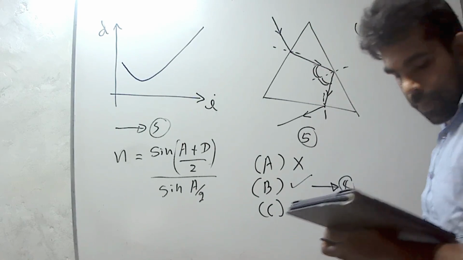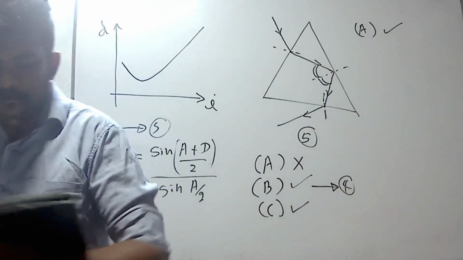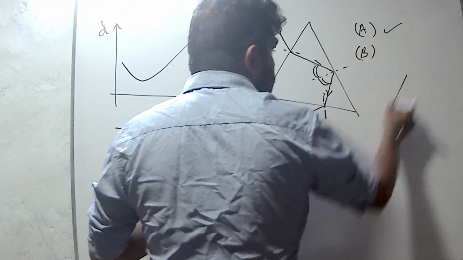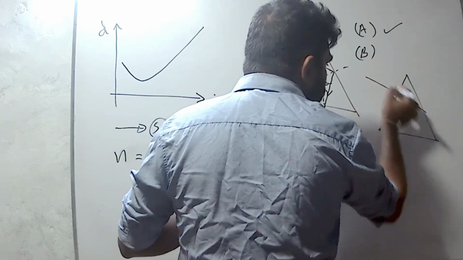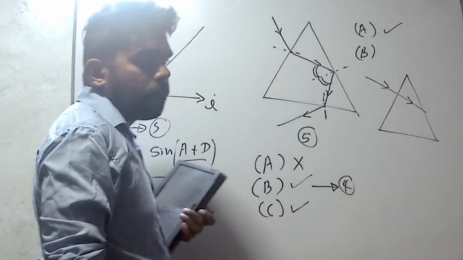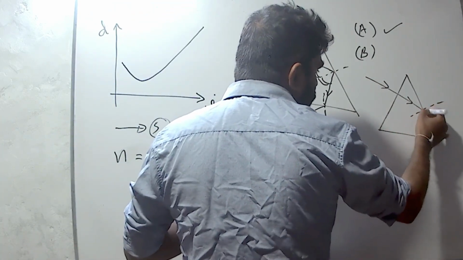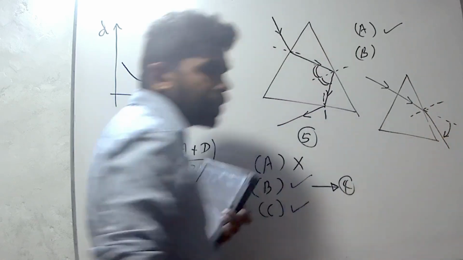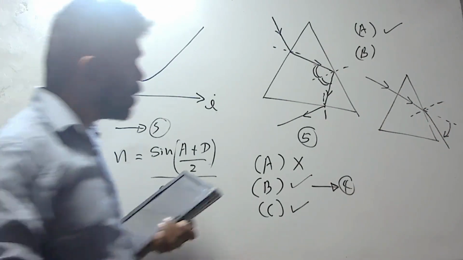Then B, D is 0 when the ray enters the prism normally. No, it is false. Normally means the ray should be perpendicular to the first surface of the prism. But we can observe a deviation from this surface. Therefore, the deviation is not 0. Then B is false.